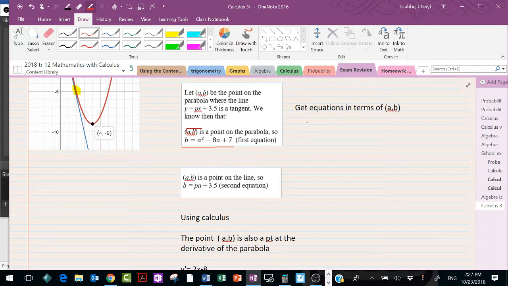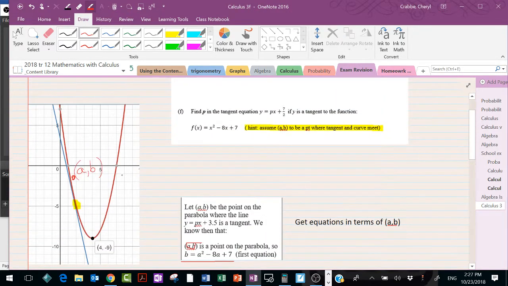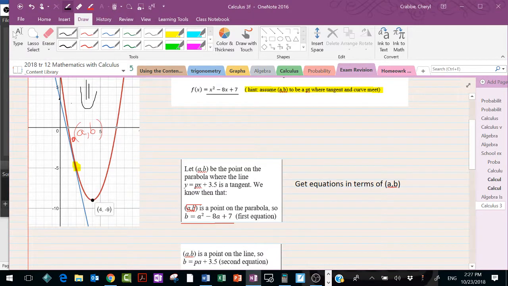All these questions where you've got unknowns and so on is about basically trying to get an equation or an expression in terms of a common thing. Now, the other thing is, if AB is a point also on the line, and again, I think it's very useful to draw pictures of things and get a sketch of the equation and maybe a reasonably accurate graph, to get a sense of where that tangent line is going to come, if it's going to have a y-intercept of 3.5, and what side of the vertex it's going to hit.